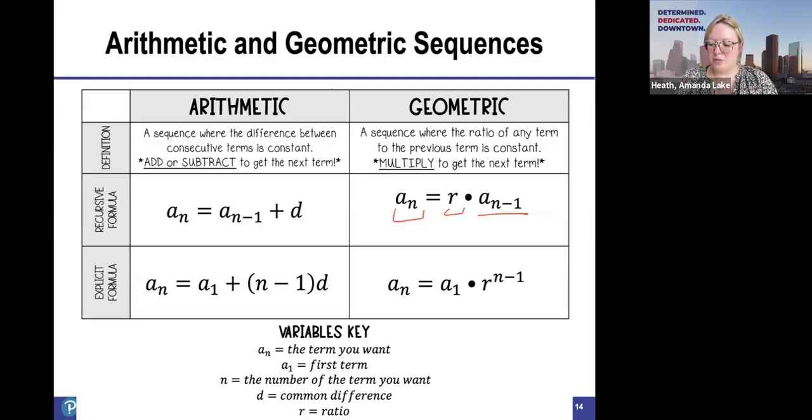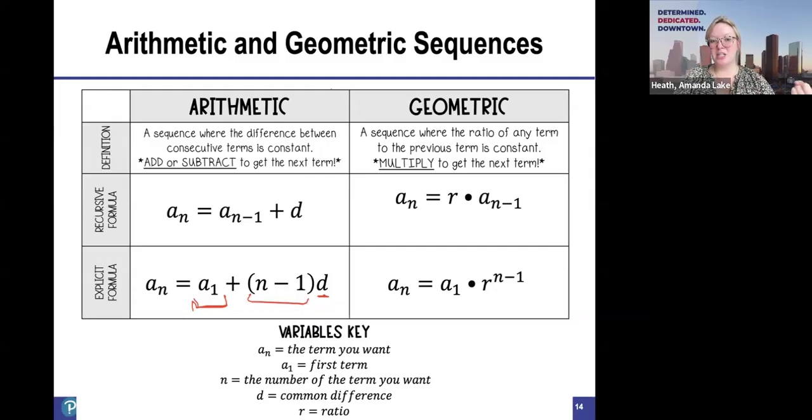But what's going to be more useful for us is if we can find any term of the sequence using a formula. The way we can do this for an arithmetic sequence is that the nth term is given by taking the first term and then adding d to it n minus 1 times, because we have the first term.